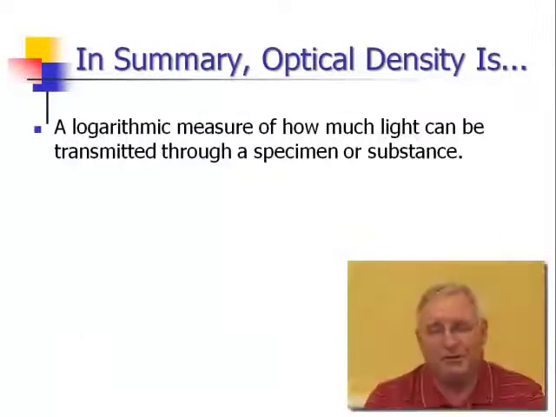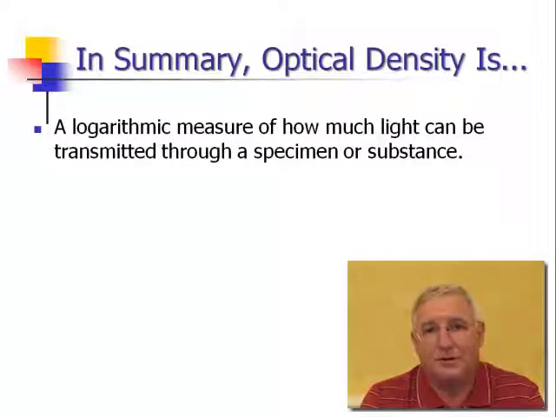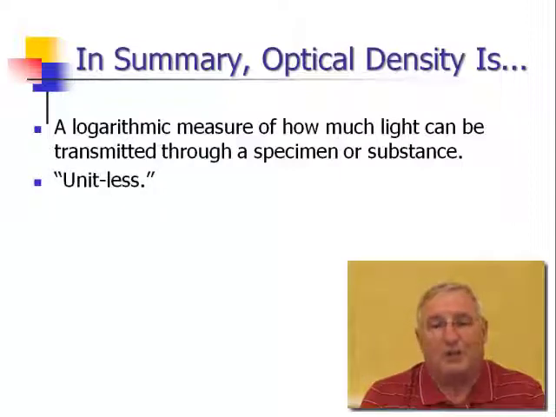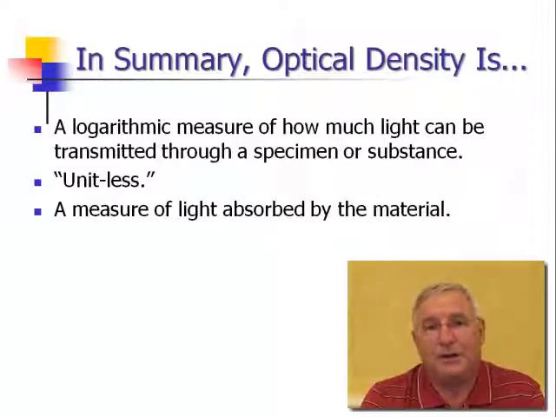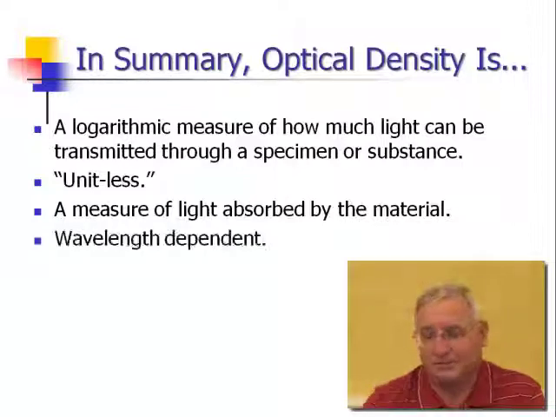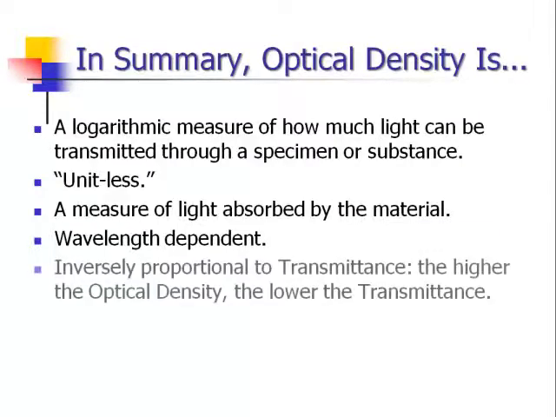So in summary, optical density is a measure of how much light can be transmitted through a specimen or a substance. Optical density is unitless, and optical density can be also considered to be a measure of the absorption taking place in a material. Optical density is wavelength dependent. Optical density is inversely proportional to transmittance.